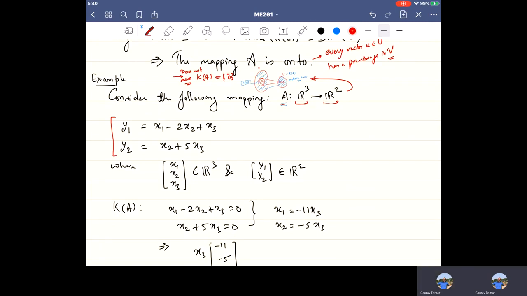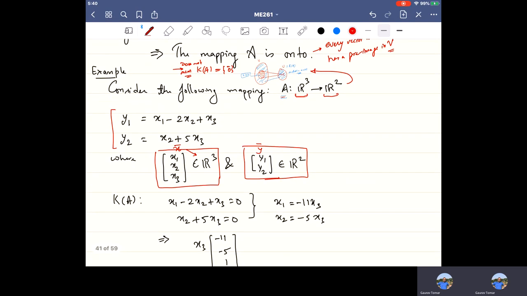So x1, x2, x3 belong to R cube, so the vector x looks like this. And y1, y2 belong to R square, so vector y looks like this.